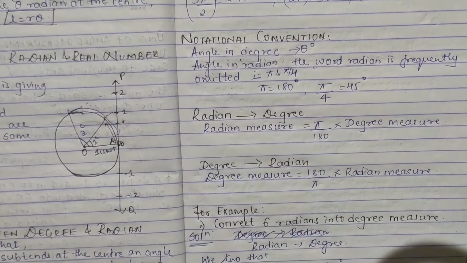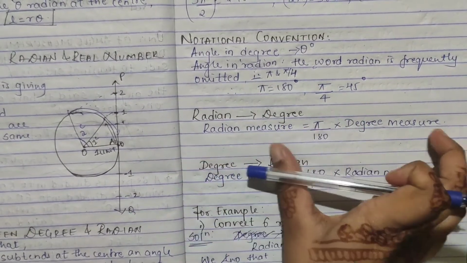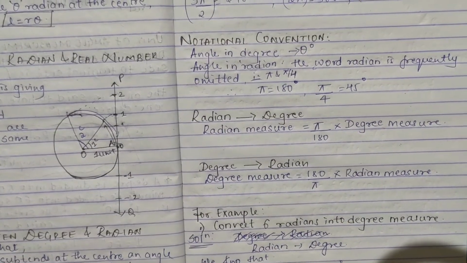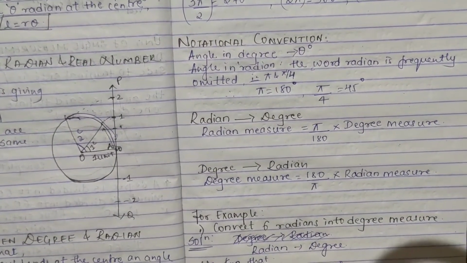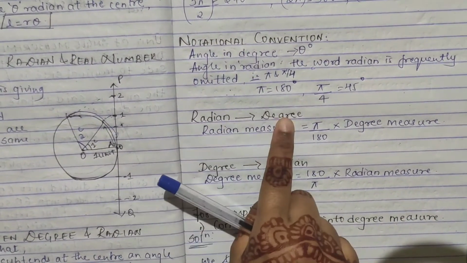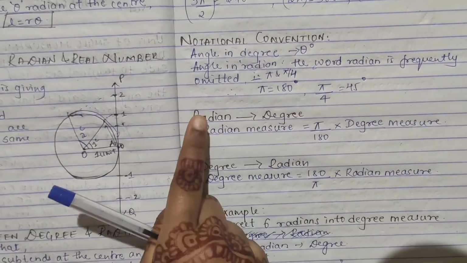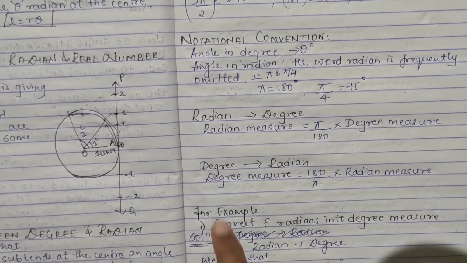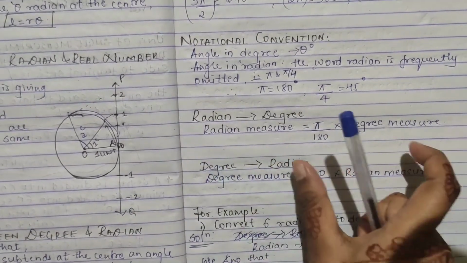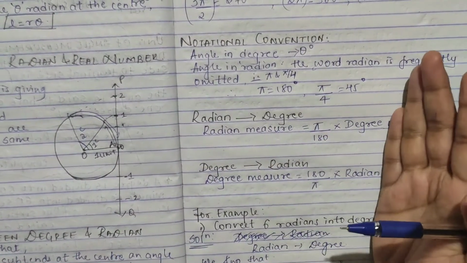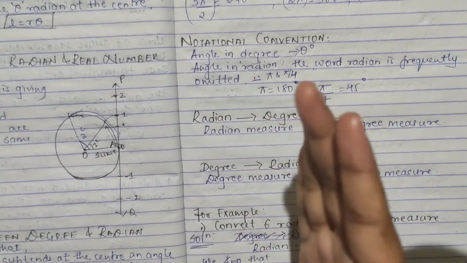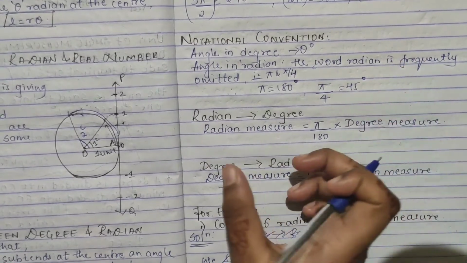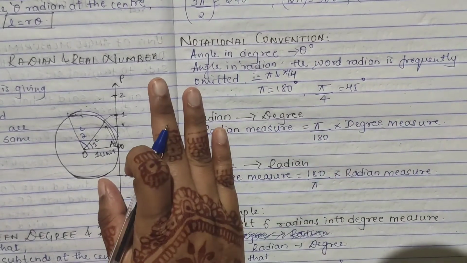So by using all this, we have come to one conclusion. Whenever they have given you a question in radian and you have to find degrees, they say convert so much radian into degree measure. So how do you have to do it? Whatever you have to find, always write it on the right hand side, and what they have given, write it on the left hand side.